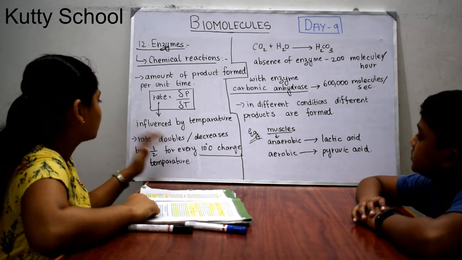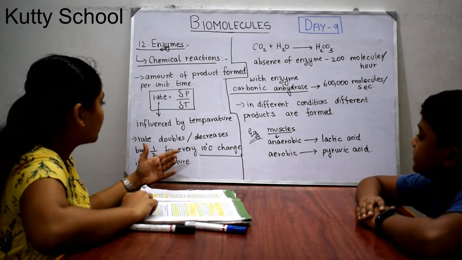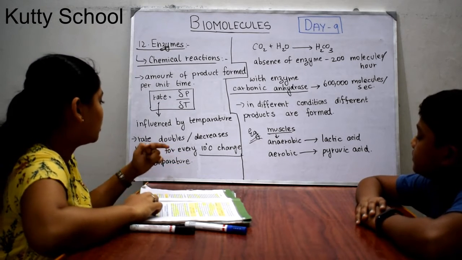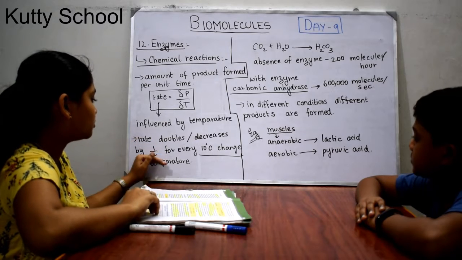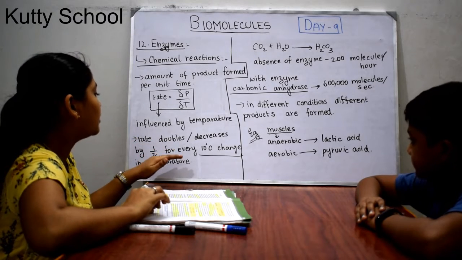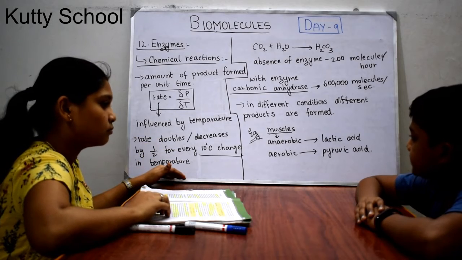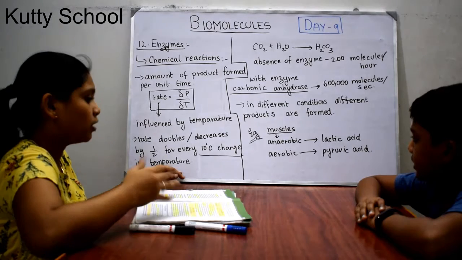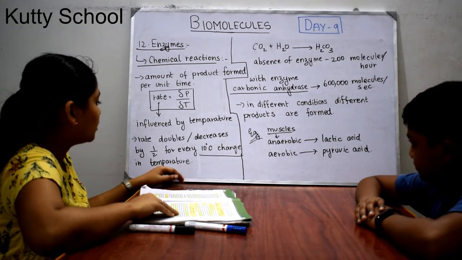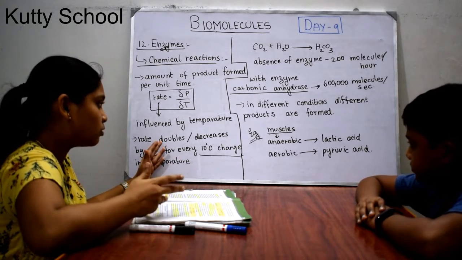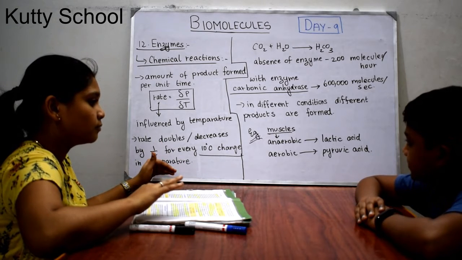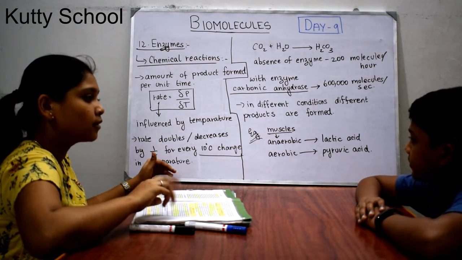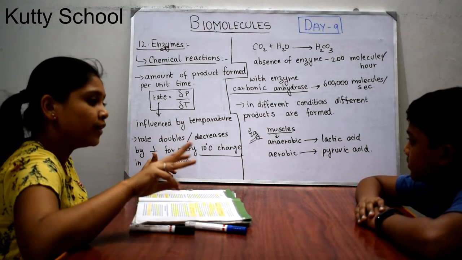The rate doubles or decreases by half for every 10-degree change in temperature. So if the temperature increases or decreases by 10 degrees, the rate either multiplies by 2 or divides by 2.